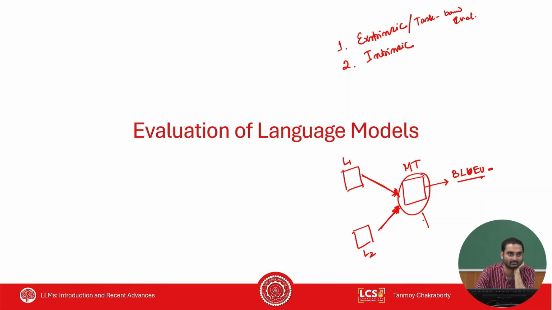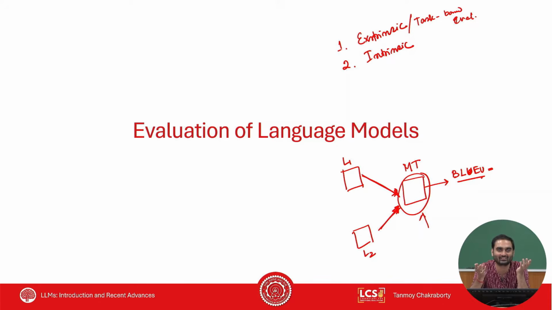Okay. The third problem is that these extrinsic tasks, machine translation, speech recognition, are time taking. They themselves are time taking because, let's say, they are neural models. So if you had to choose between L1 and L2, you may need to wait for 7 days to see the performance on this downstream task, and then decide which one is better.